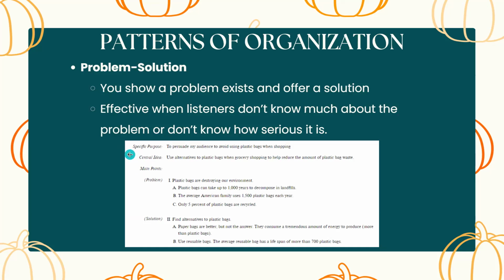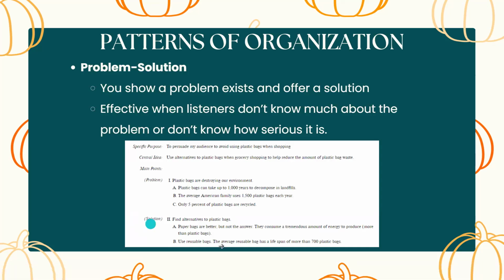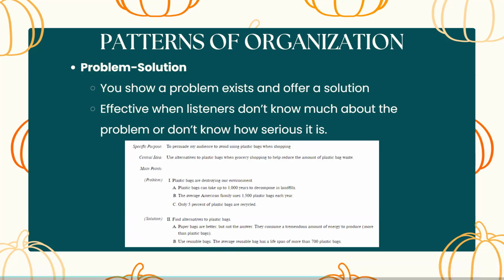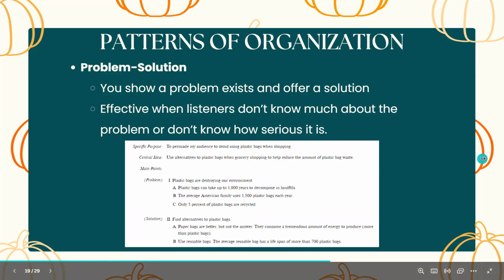Our thesis is use alternatives to plastic bags when grocery shopping to help reduce the amount of plastic bag waste. Our first main point is the problem: plastic bags are destroying our environment, and then all the support I need for that. Next is our solution. We should find alternatives to plastic bags, and here are all the options for alternatives, right? Boom, bam, bop, problem solution.